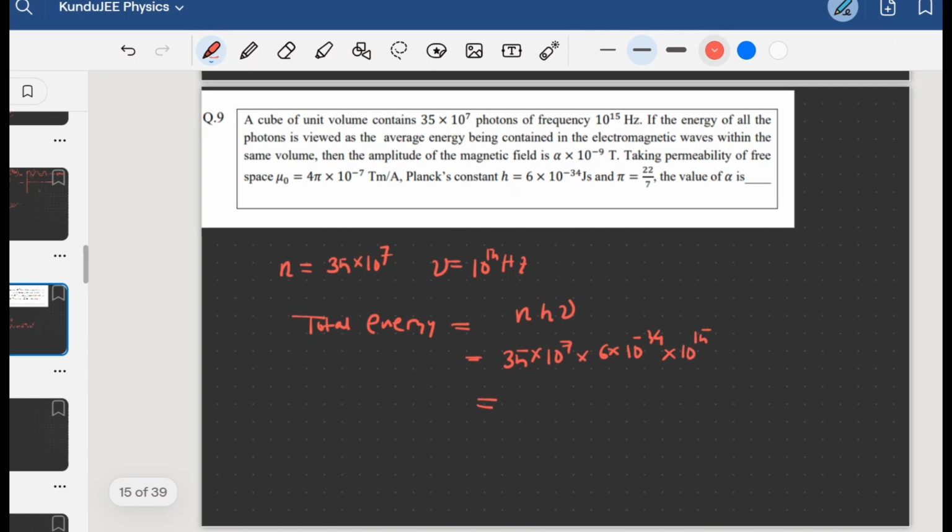So if we just multiply, 210 into 10 to the power minus 12 joule.